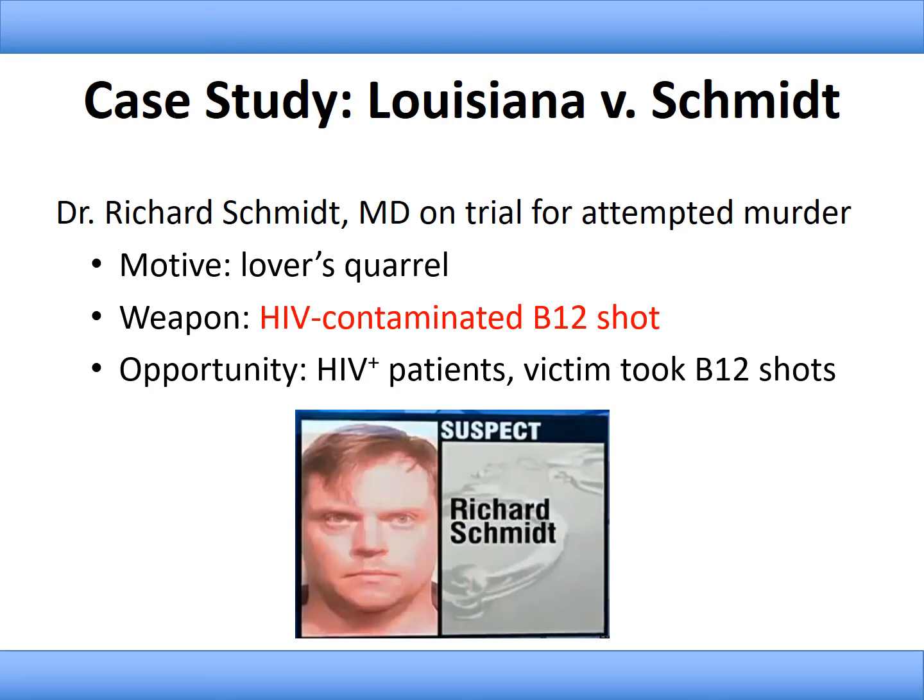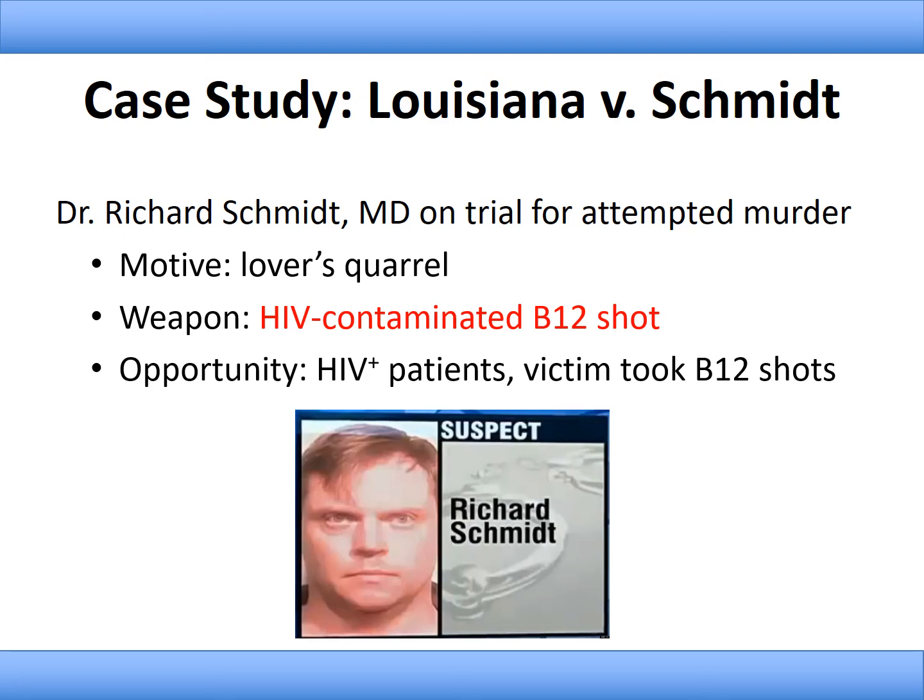So we have the motive, we have the weapon, and the opportunity is that this doctor worked with many HIV positive patients, as most doctors do. And like I said, he was in the habit of giving his girlfriend B12 shots.